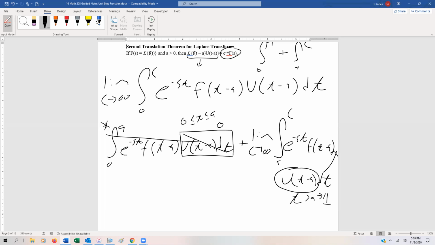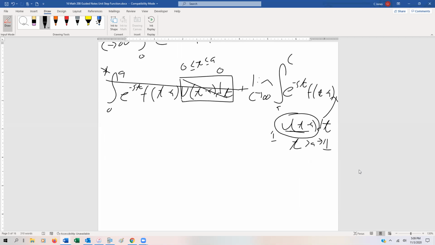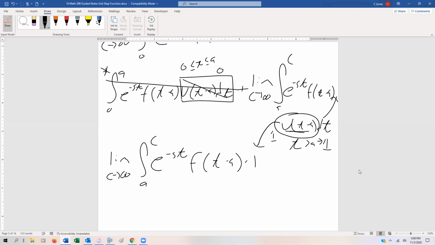And so that means this entire first integral goes away, and the unit step function just becomes 1. So we can rewrite the integral very nicely as the limit as c approaches infinity from a to c of e to the minus st f(t minus a), and technically there's a times 1 here from the unit step function, but I'm not going to worry about that because it doesn't matter to our equation. And then we have dt.